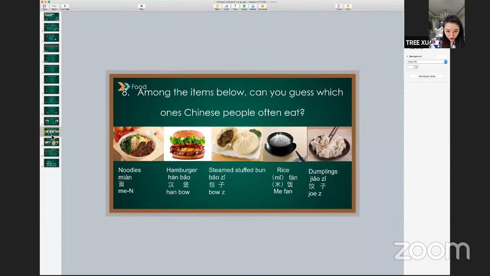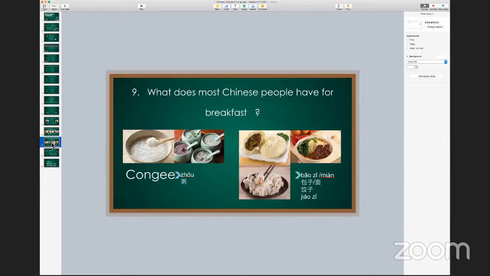Okay, let's do the last quiz. What do most Chinese people have for their breakfast? 大部分中国人早饭吃什么呢？康记、粥 or 包子、面、饺子。康记。Does anyone know what kanji is?